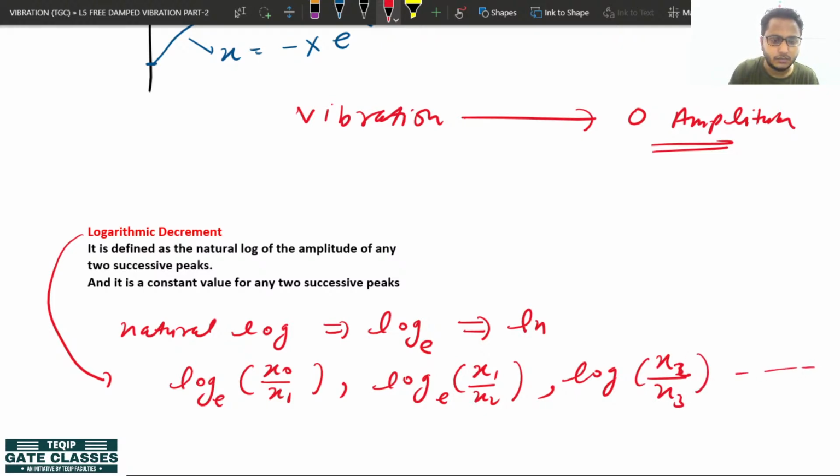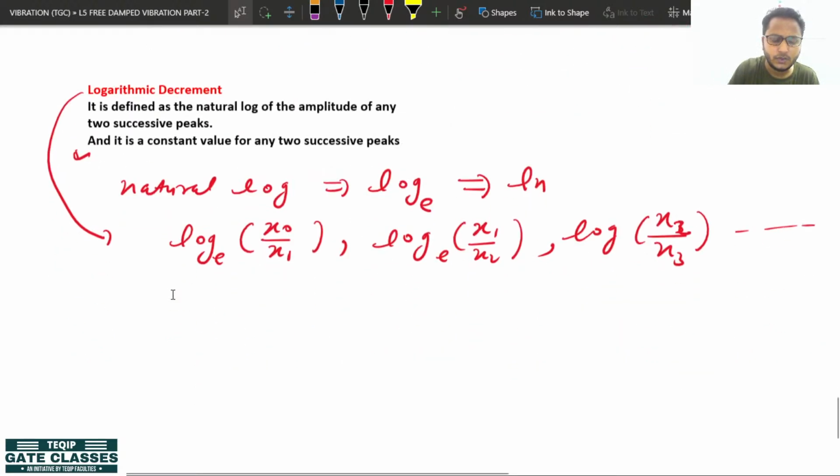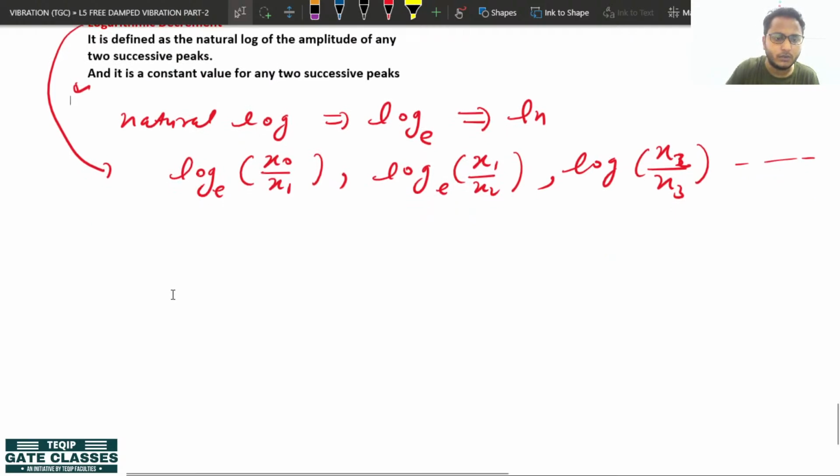And all these values will be the same. So we need to find out what this value is.